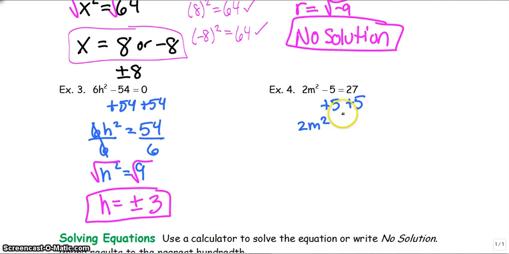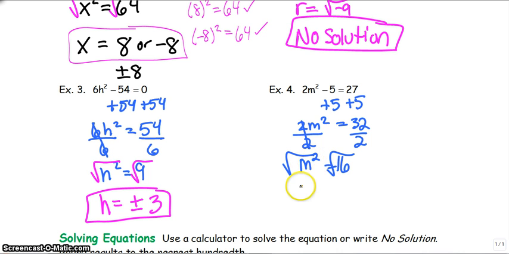So I'm left with 2m squared equals 27 plus 5, which is 32. I will then divide by 2 on both sides. The 2's cancel out. M squared equals 32 divided by 2, which is 16. Square root, to undo the squared, and I'm left with m equals positive and negative 4.